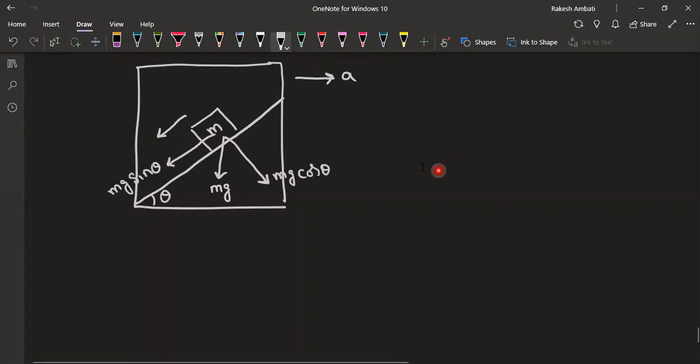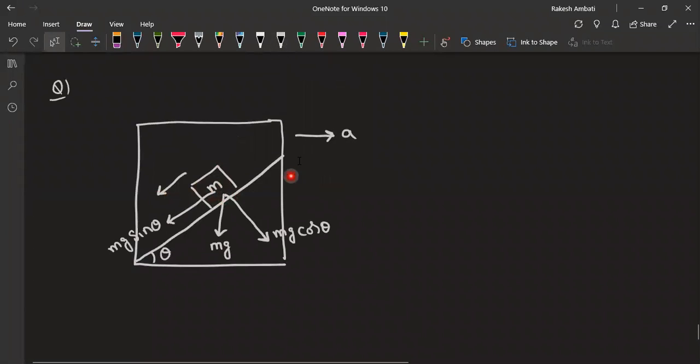This block is in the accelerating frame. Normal force will be present in this direction. In the accelerating frame, along with real forces, we also have to consider a pseudo force.